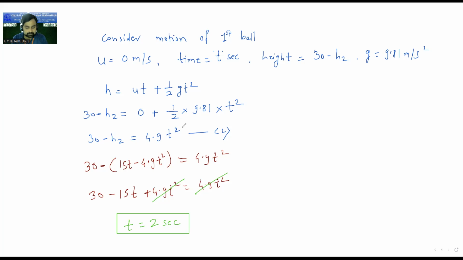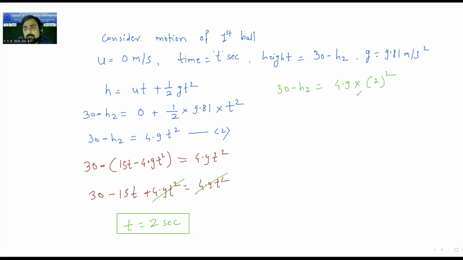Height to be calculated. Okay. So now again we need to calculate the height. So in any equation you can put this value of t. Either you can put it in equation 2 or equation 1. So here equation 2 is there. So put this value of t in equation 2. So it is 30 minus h2 is equal to 4.9 into t square.